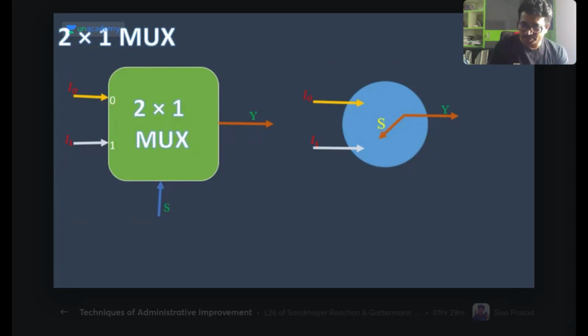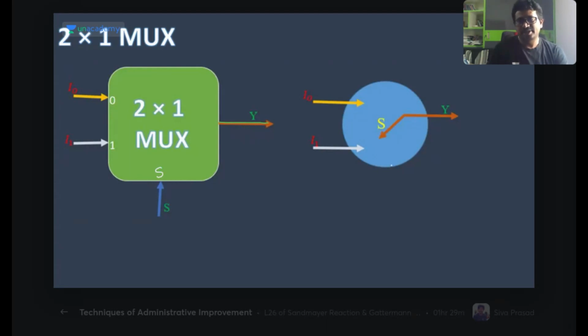We have only one output, which I am calling Y. How many select lines are required? Only one select line is required. This is the select line S. According to the select line, here we can treat this like a junction.